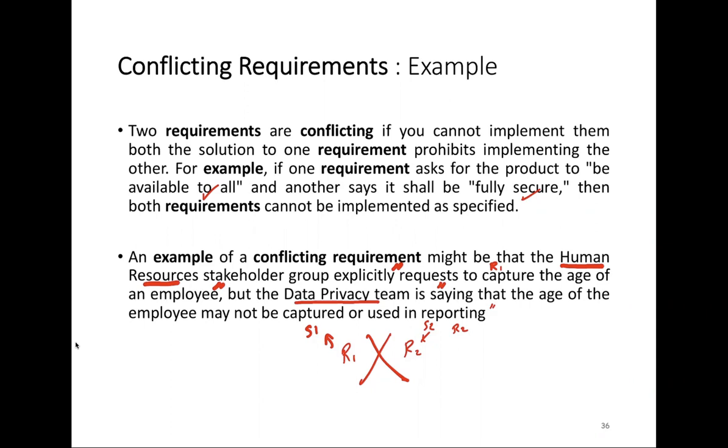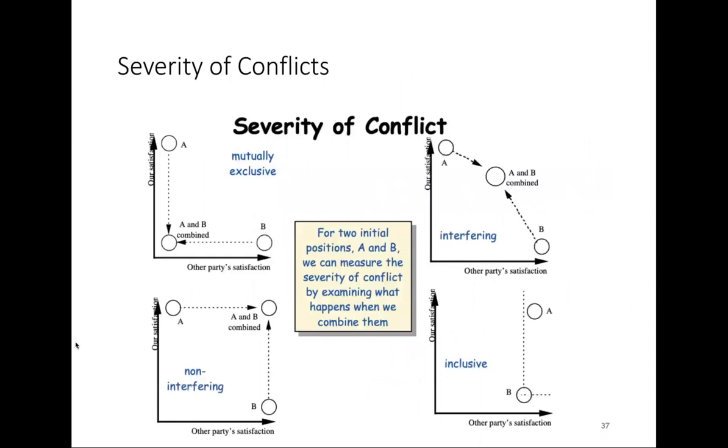There are different levels of severity of conflicts. We call it severity of conflicts. For any two positions A and B, assume in this graph we are listing the satisfaction of party A, this is my satisfaction, and another party's satisfaction.